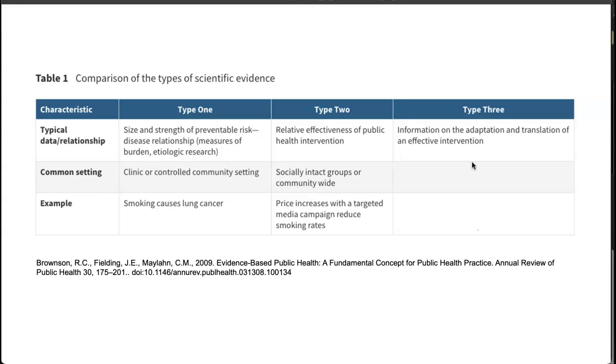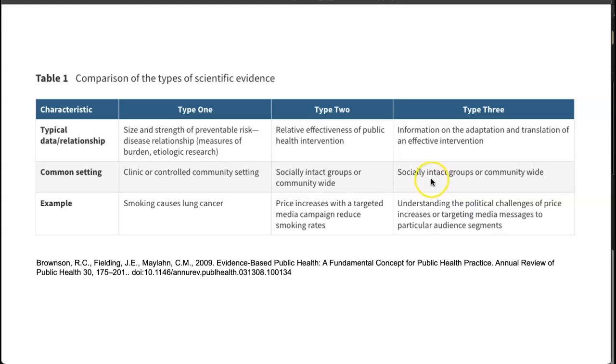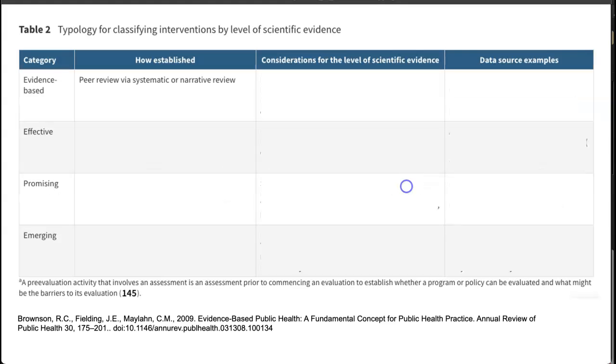So this is a type of data, a study that says, all right, here's an example where we tried to apply this evidence-based program to this different population, and this is how well it went. An example of this would be understanding the political challenges of price increases or targeting media messages to particular audience segments.